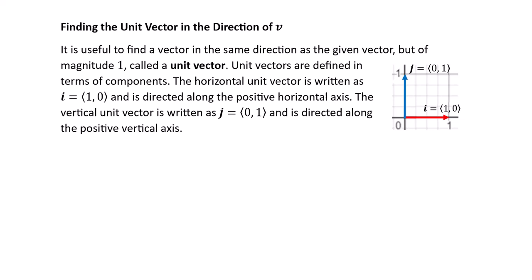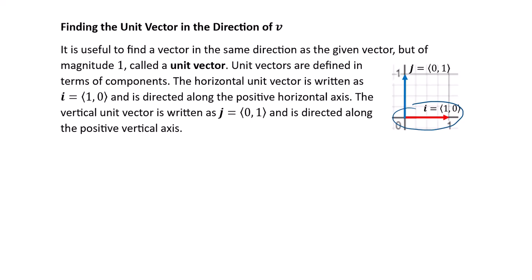Finding the unit vector in the direction of vector v. It's useful to find a vector in the same direction as the given vector, but of magnitude 1, called a unit vector. Unit vectors are defined in terms of components. The horizontal unit vector is written as i equals ⟨1, 0⟩ and is directed along the positive horizontal axis.